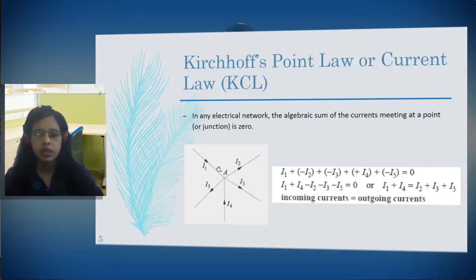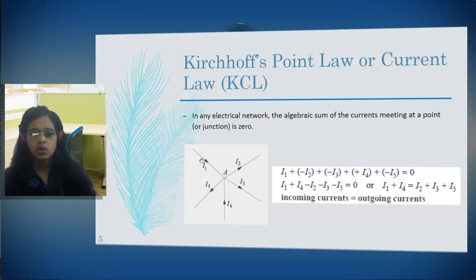Suppose this is a node A, a junction A, where different currents are meeting. At node A, I1 is coming, I2 is leaving, I3 is leaving, I4 is coming, and I5 is leaving. We take the current coming to the node as positive and the currents leaving the node as negative.